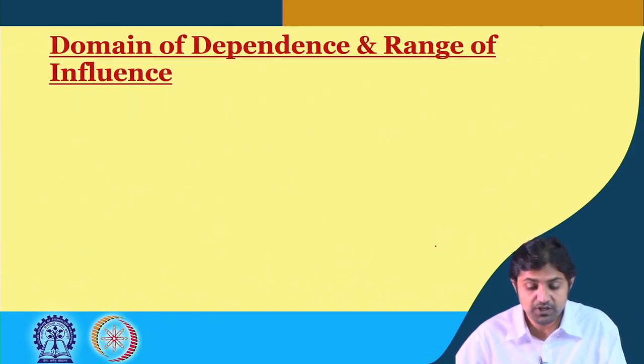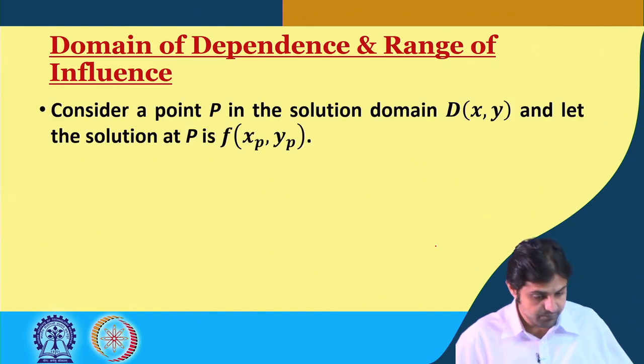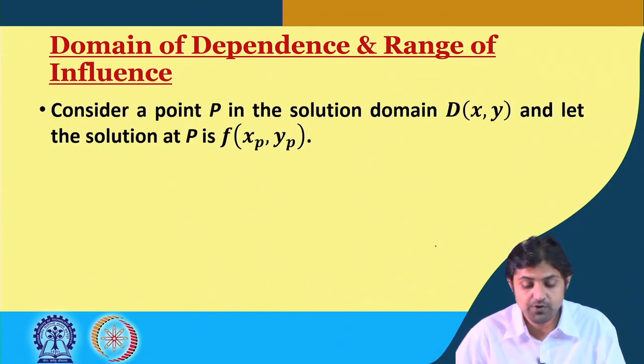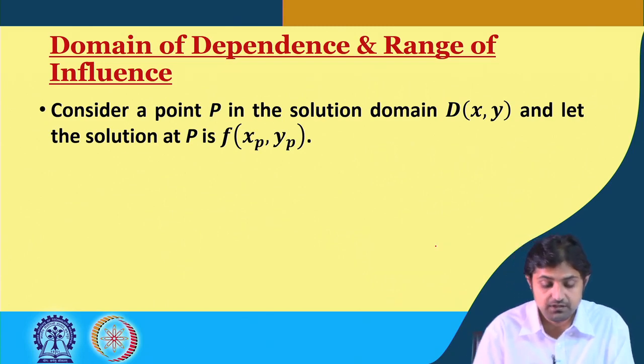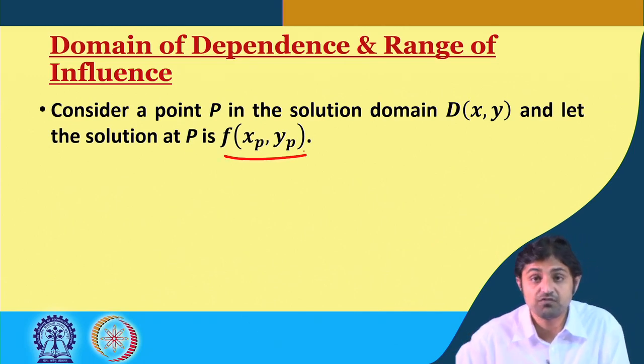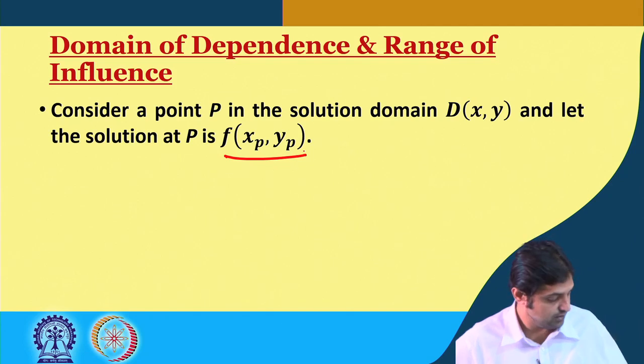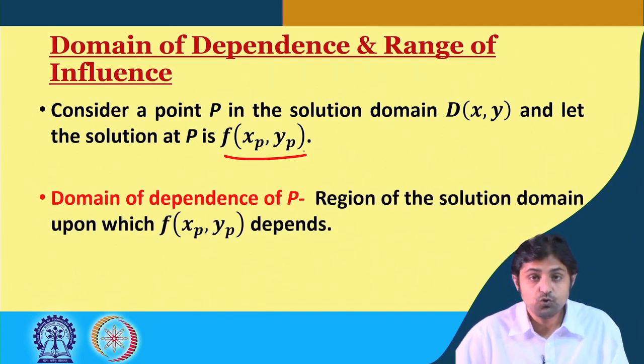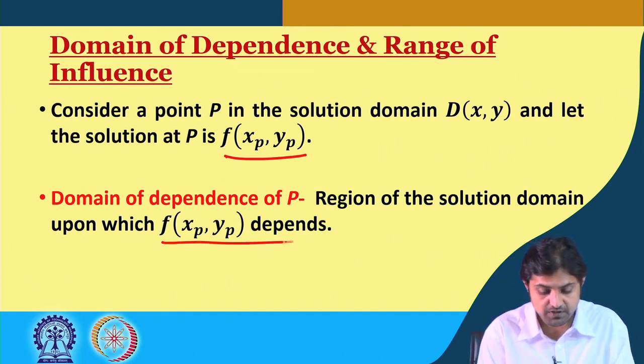Now, going to domain of dependence and range of influence. If we consider a point P in the solution domain, and let the solution at that particular point P be f of xp comma yp, then the domain of dependence of P is the region of solution domain upon which f of xp comma yp depends.